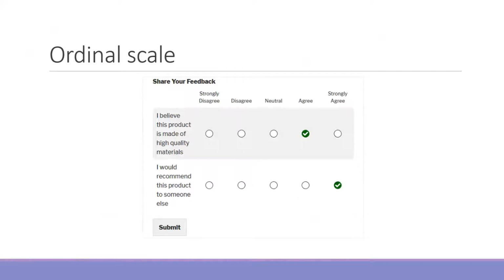I think I stole this from somewhere, but you guys are really familiar with ordinal scales because you've done so many of these types of surveys in the past. Strongly disagree to strongly agree is a standard scale. I think this scale actually has a name, but I forget what it's called. I'm not that much of a statistics nerd, but the power of this is that you can still do maths on this.